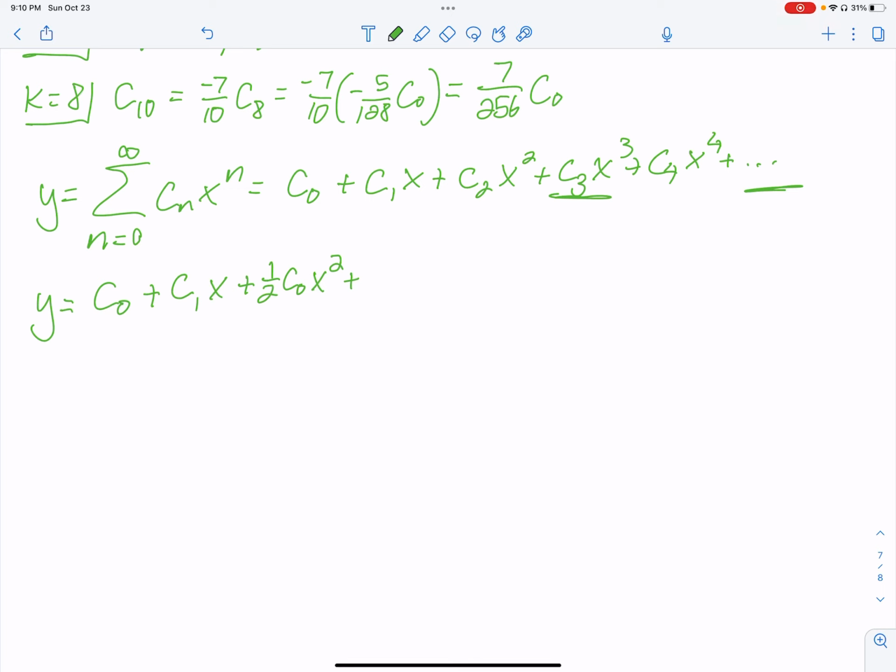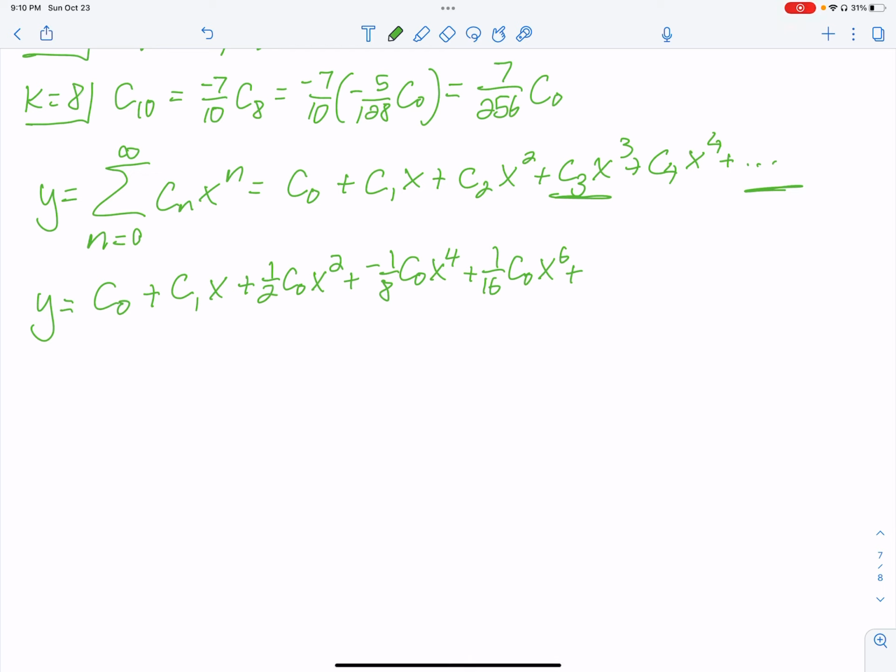So I go up and look at my list. It's negative 1/8 C naught. And this is going to be x to the 4th because it was C4. The next one is going to be C6, which is 1/16 C0, x to the 6th.